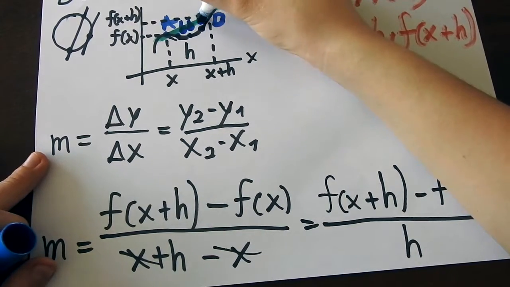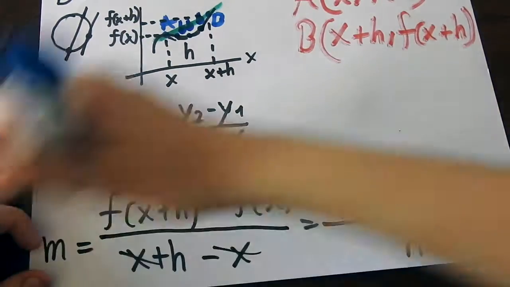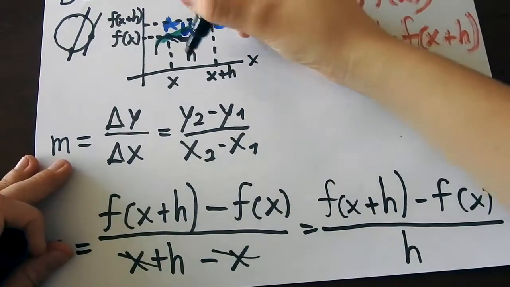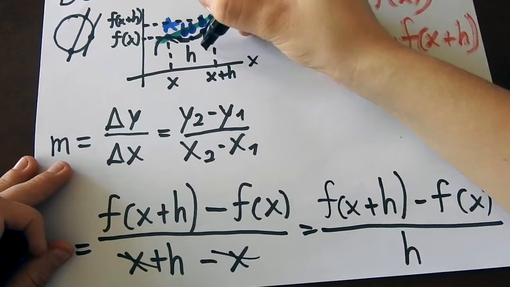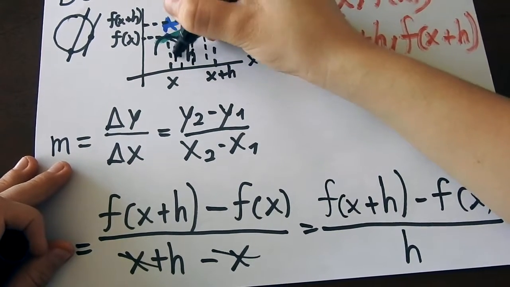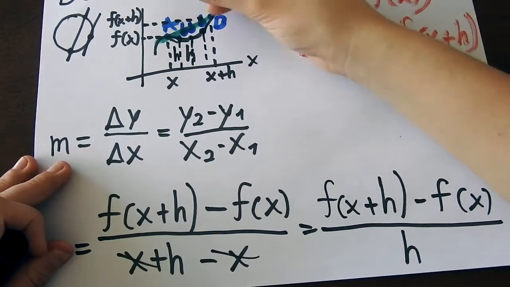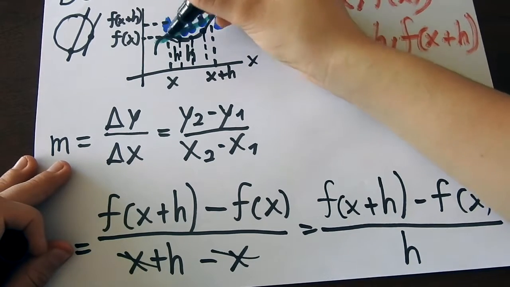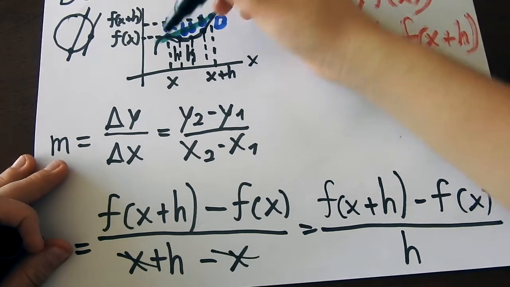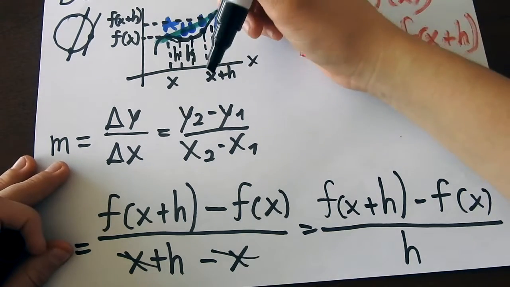So H starts shrinking. It is decreasing. H is now here, H is here, H is here, and we keep shrinking it until it reduces to a single point, the single point that the tangent would touch in the function.